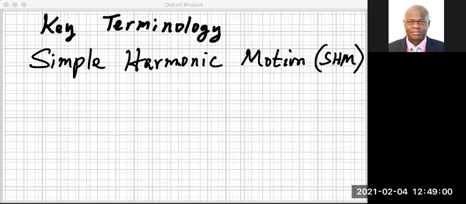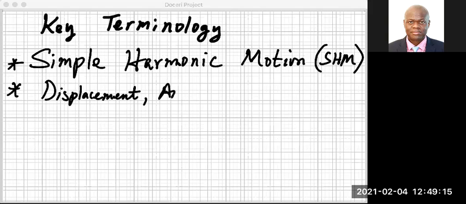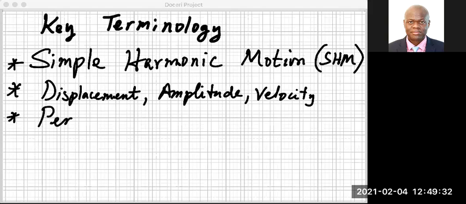We will need to describe terminology like displacement, amplitude, velocity, acceleration, of course, which derives from velocity. Other key terms are period and frequency.